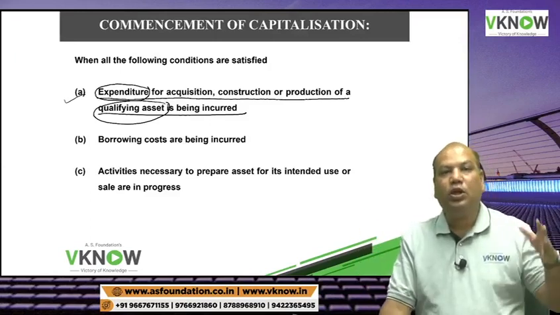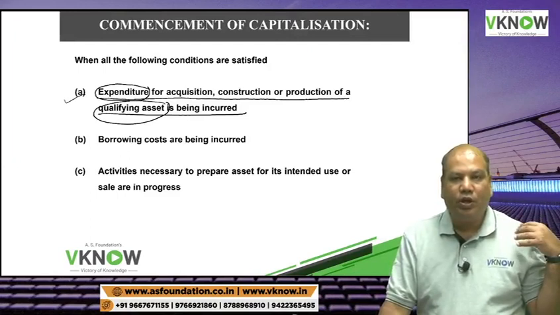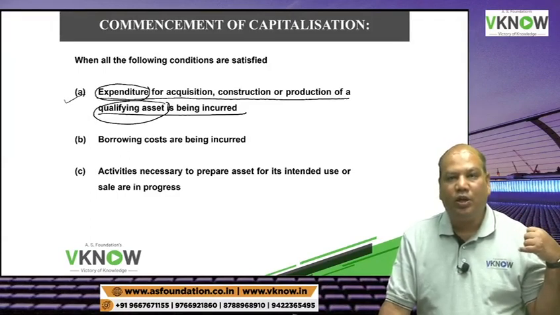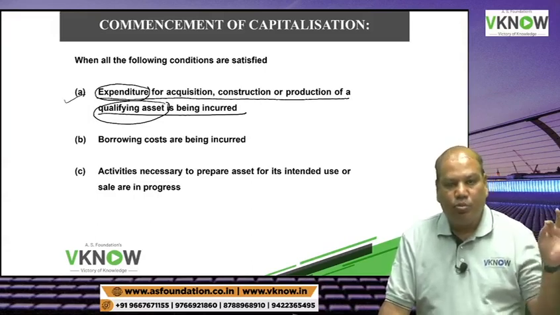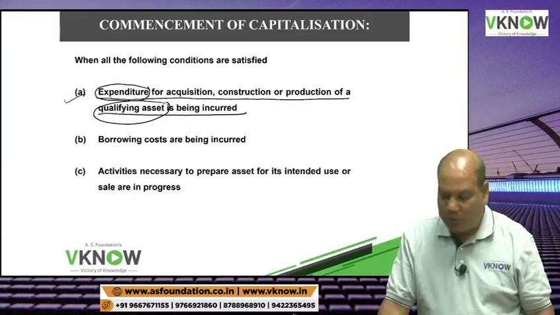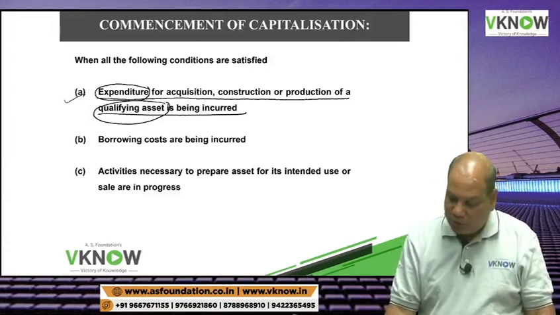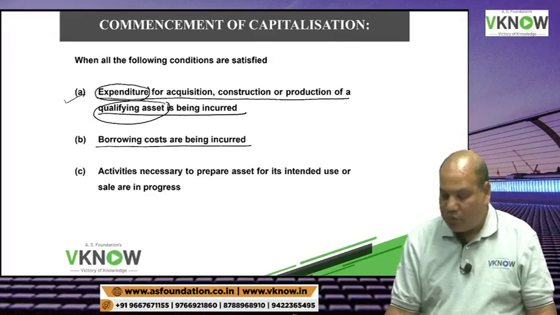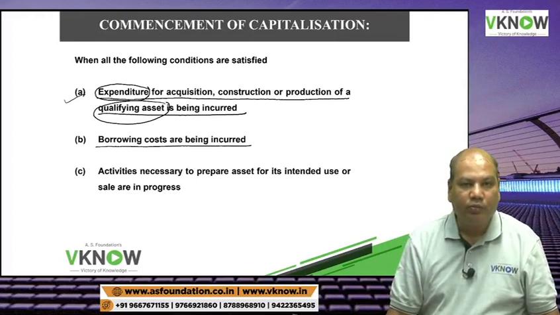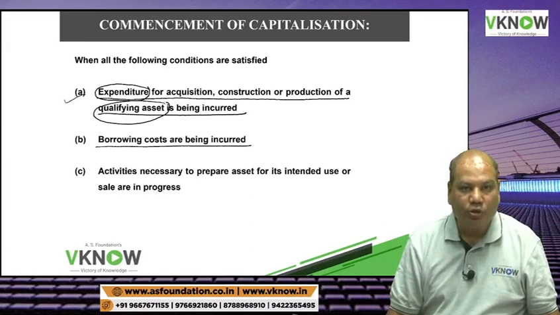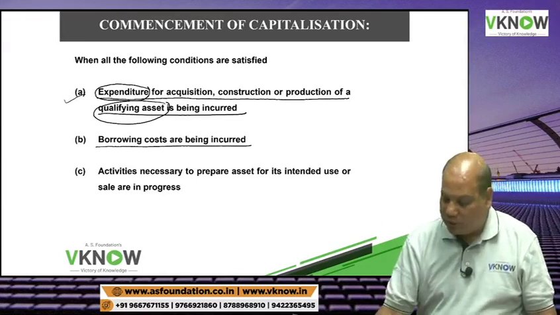If you are only thinking of incurring a capital expenditure, thinking I am going to buy land, then you will not start capitalizing. You must incur expenditure on the qualifying asset. Second, as we wrote in the previous question, borrowing cost must be incurred. If there is no borrowing cost, where is the question of capitalization?